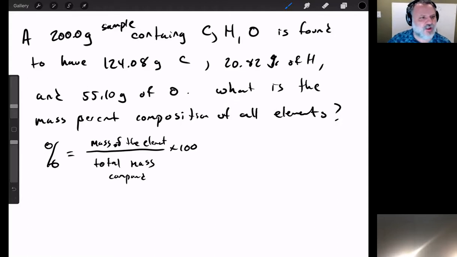It's different though, right? Instead of giving you a formula, now I'm giving you an actual experimental breakdown of the different components. There's still 3 components, so there'll be 3 different mass percent compositions. They'll all add up to 100 still.